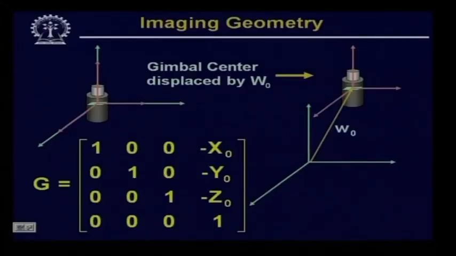You remember that if I displace the camera center by vector w naught, then all the world points will be displaced by a vector minus w naught with respect to the camera.